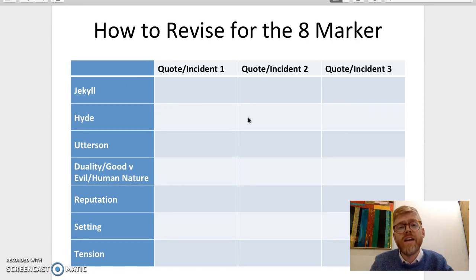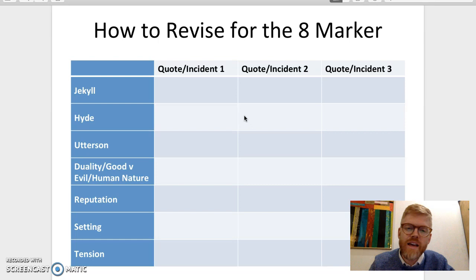Now, you'll have noticed from the sample answer that you only need 2 quotes, or to refer to 2 incidents specifically in the part of the answer on elsewhere in the novella.